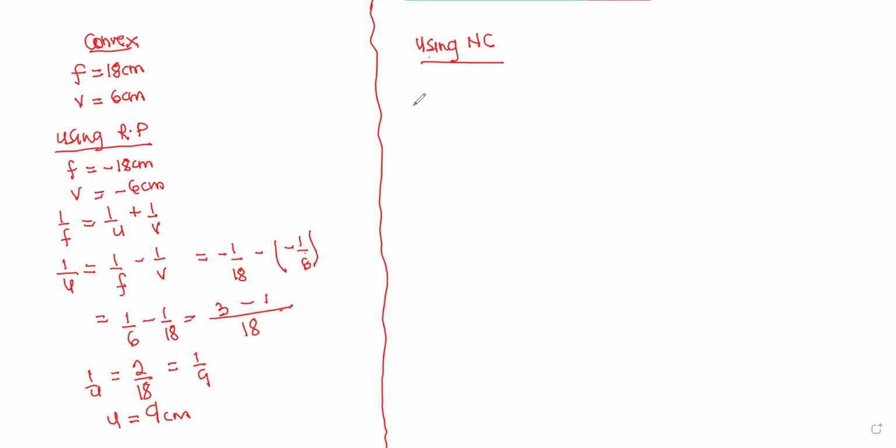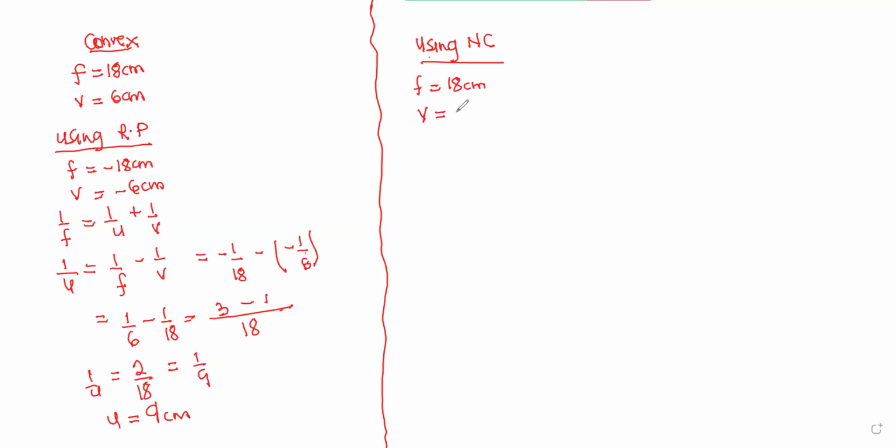for NC, F will be positive 18, because it is at the other side, back of the mirror. So the object distance follows the direction of the incident ray. Then V would also be positive, because the image is virtual.